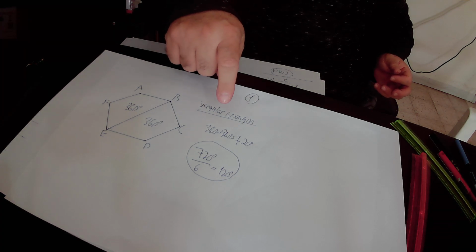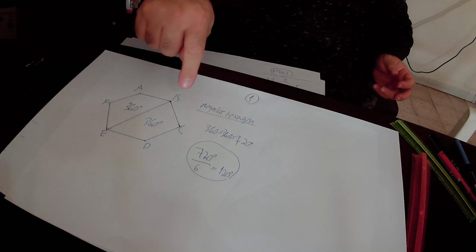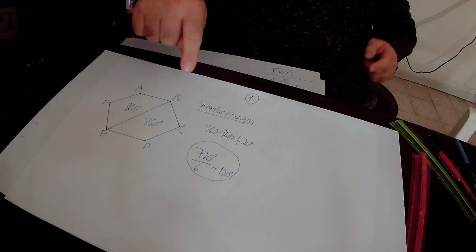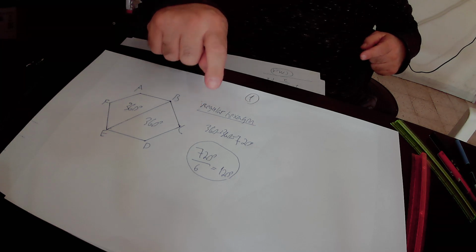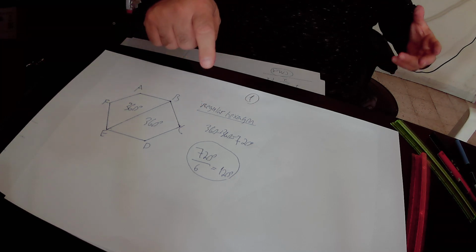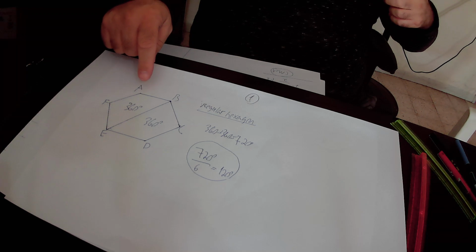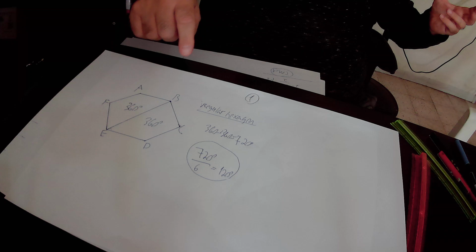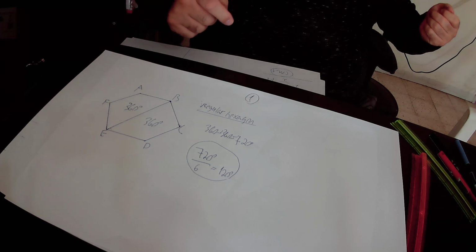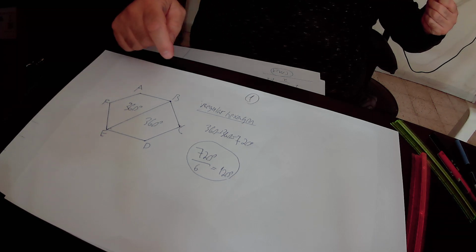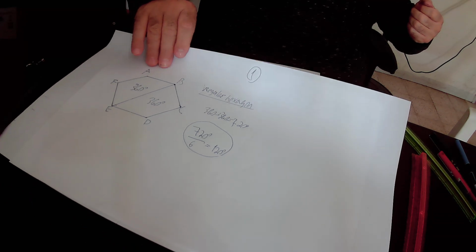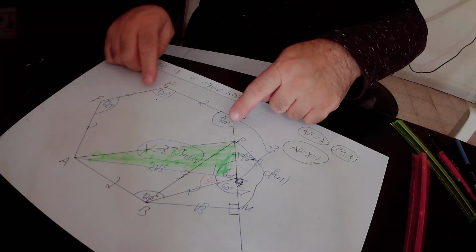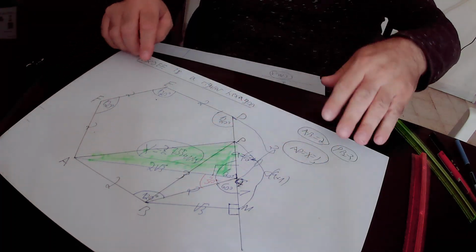The sum of the total internal angles is 720 degrees over the number of internal angles, that is 6. So 720 degrees over 6 gives us the size of one internal angle, which is 120 degrees. So we found out that in any regular hexagon, the size of one internal angle is equal to 120 degrees. And especially in our regular hexagon, all the 6 internal angles are equal to 120 degrees.